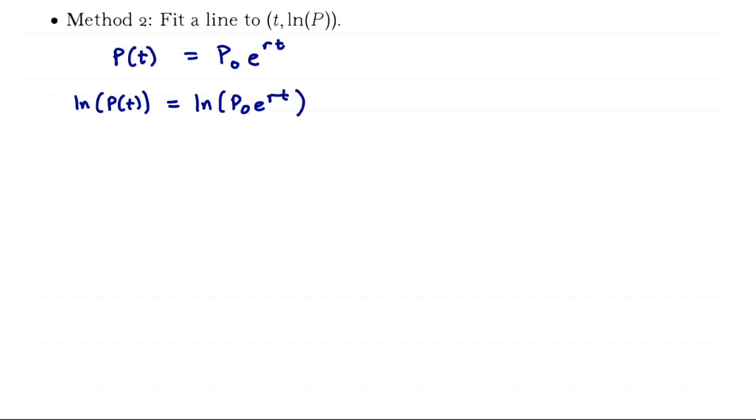But the natural log of a product can be separated into a sum of natural logs. So that's going to be natural log of p naught plus natural log of e to the rt. And then, of course, natural log of e to the rt is just rt. So I'm going to rewrite that right-hand side in its most simple form.